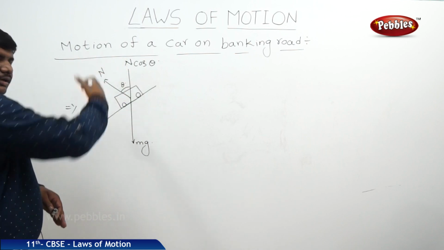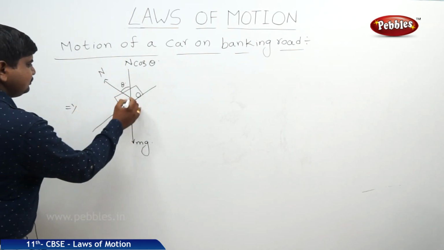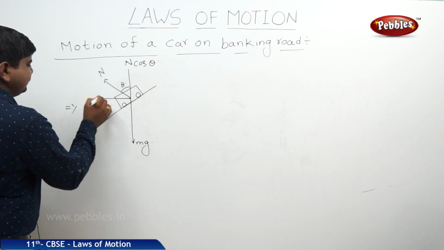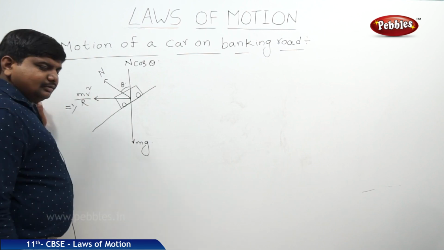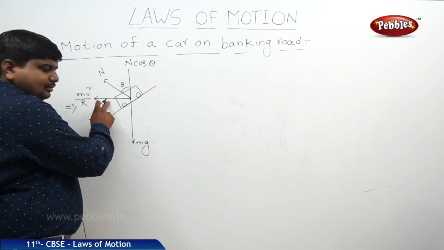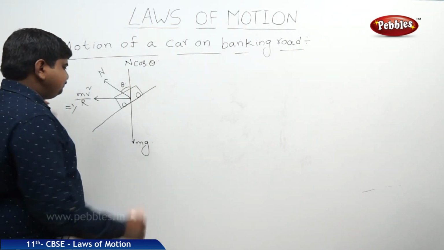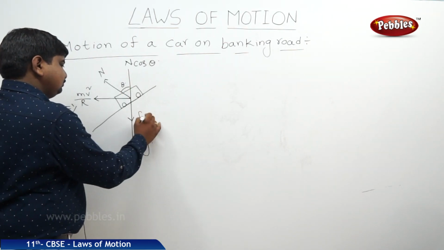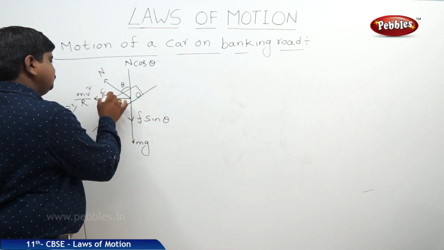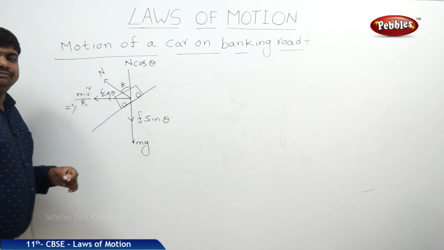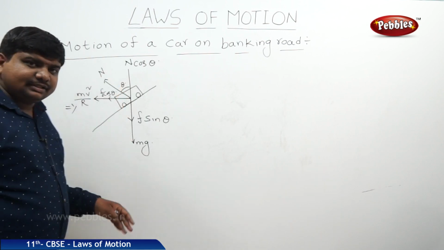The direction of the turning is towards the right or left. So in this direction, we can expect the centripetal force mv square by r. So if this is F, this will be F sin theta, and this will be F cos theta. So like this, we can take the resolution of the forces.